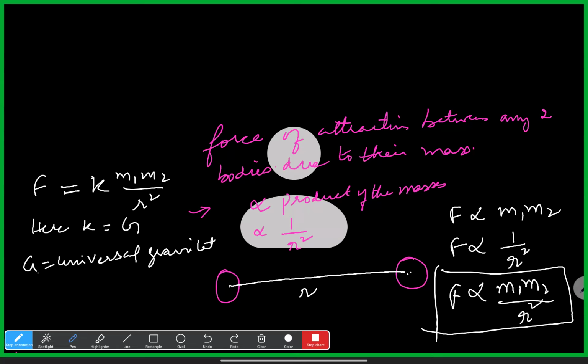Here that constant is given as G, the universal constant. In general we represent that constant with k, and as per the situation we decide what that k is.